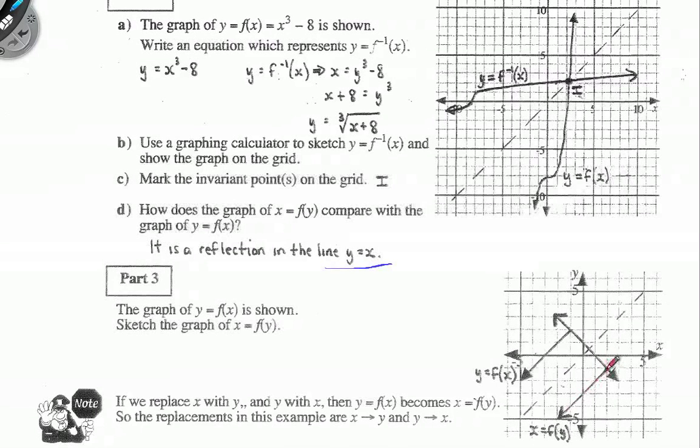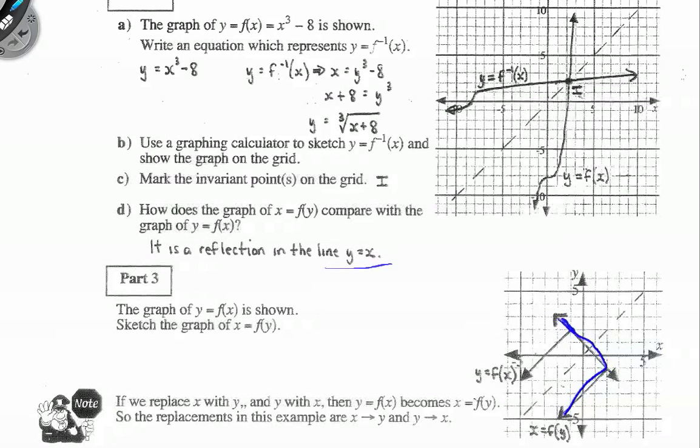Here is part of it. Hard to see what's going on. Oh, yeah, I guess the original graph is this one here. Sorry, all the way down like that.